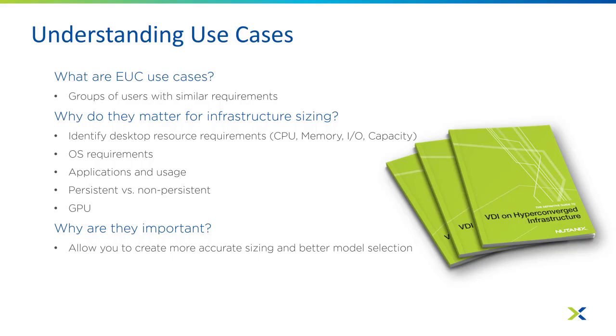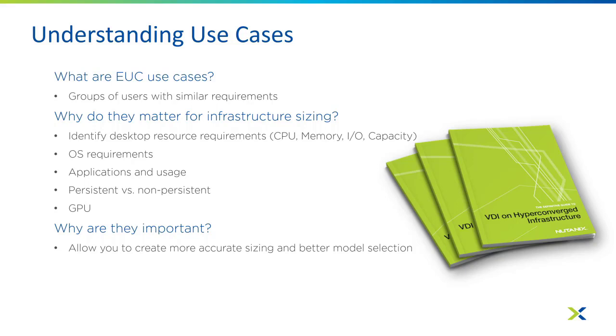To be able to identify operating system requirements, whether it's a specific version of Windows 10, the application sets, the application usage of your employees, differences whether it's persistent, non-persistent, or whether those employees have got graphical requirements.